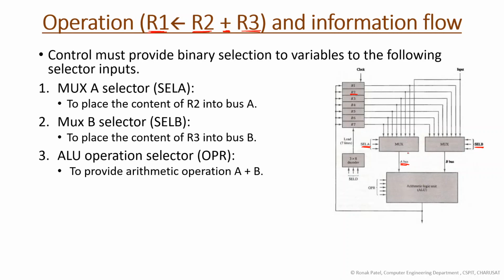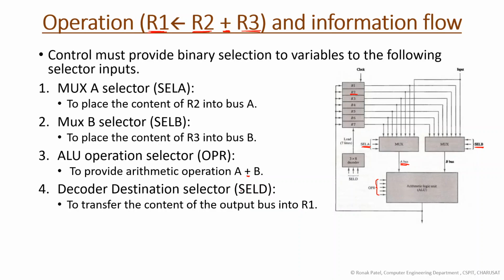Then the ALU operation, OPR, will select the operation, and we want addition. We'll see what the value for it is. Then your decoder needs to select the destination register. Select D selects the destination where you want to store the data. I want to store into R1.